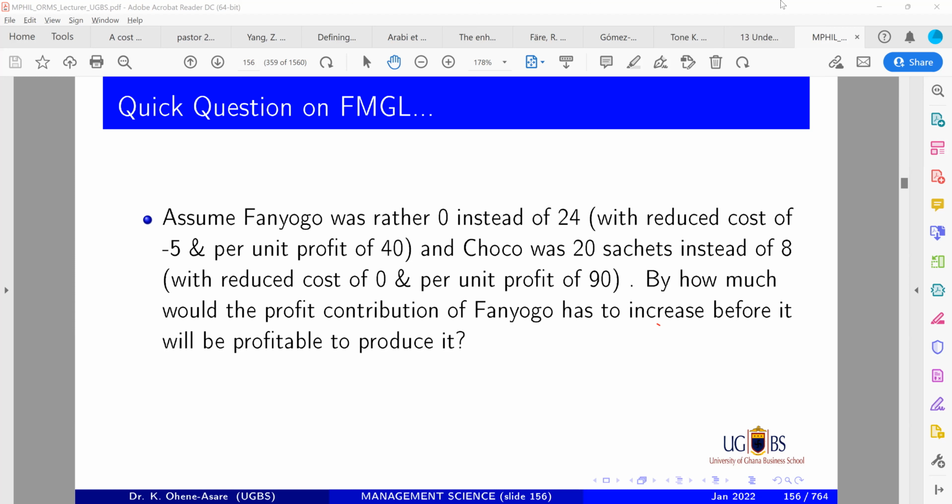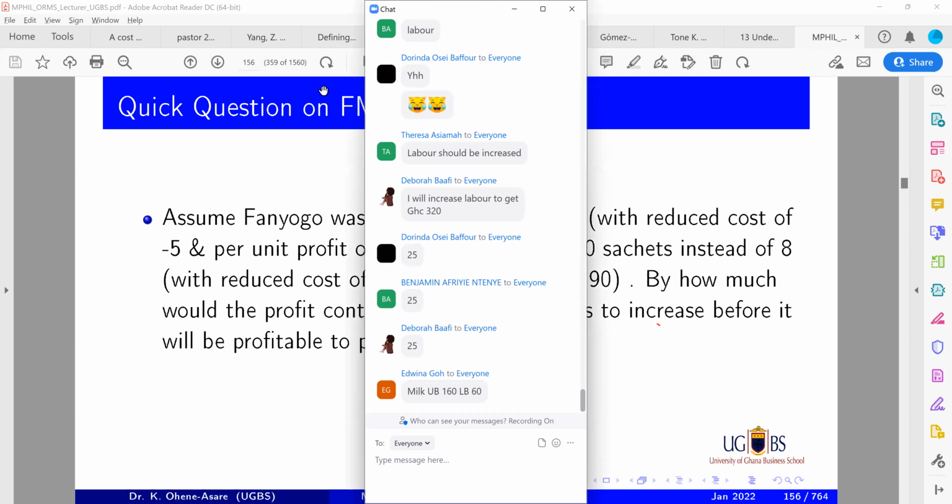Before it will be profitable to produce it. In other words, what does the profit coefficient have to be for me to force it to be produced? How do you calculate that?